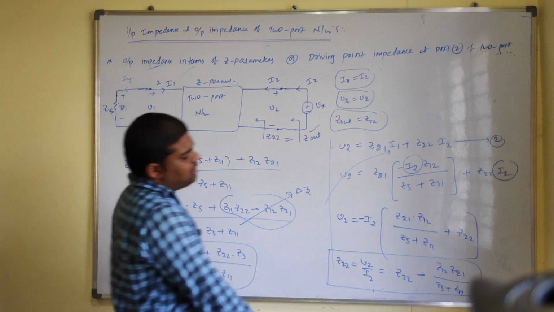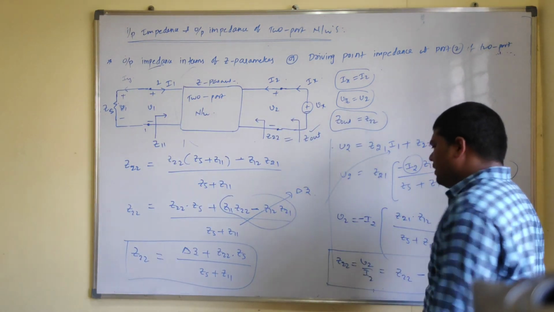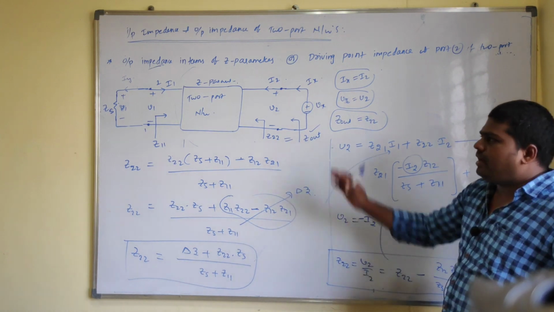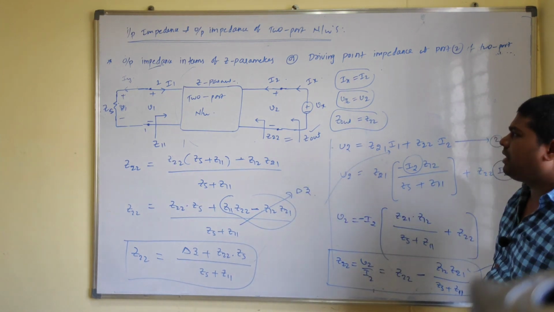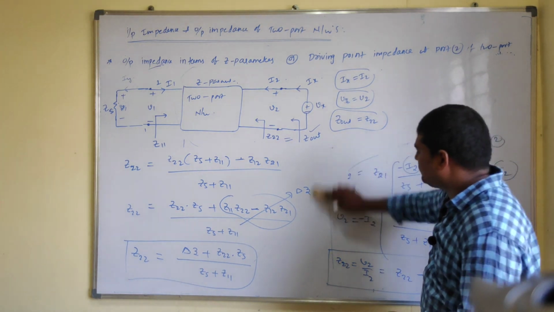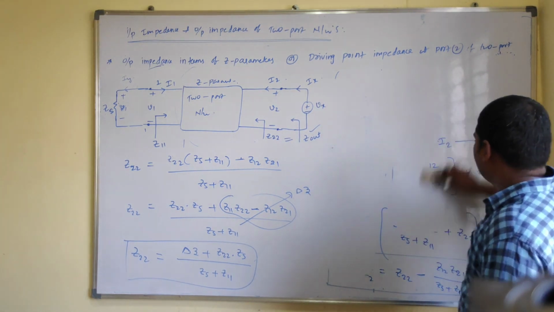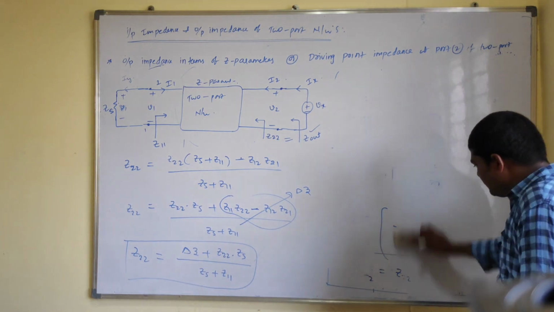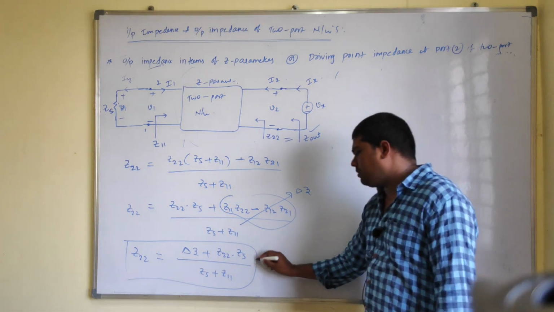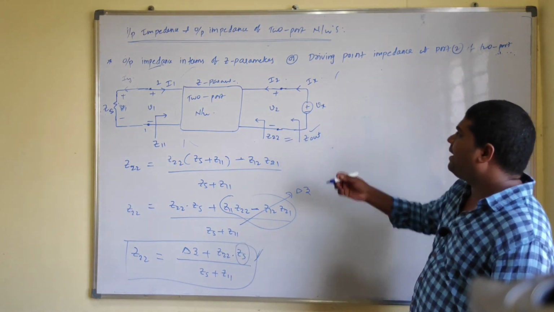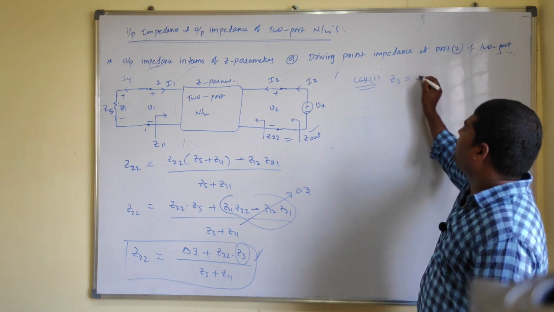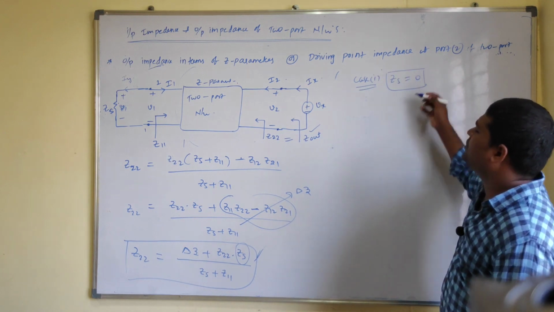You can use this one, okay? Otherwise, you can go for this one also, no problem. So this is the output impedance for a given two-port network configuration. And one more thing, just observe this expression. Here we have the Zs element. In case 1, Zs equals 0. Zs equals 0 means what?